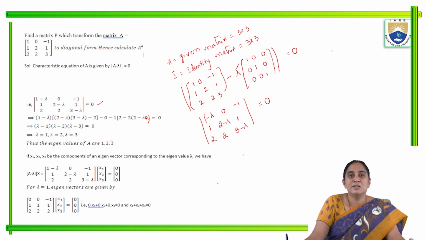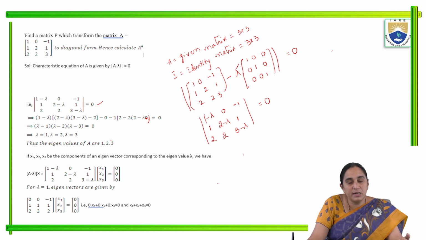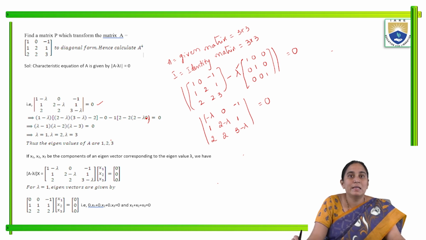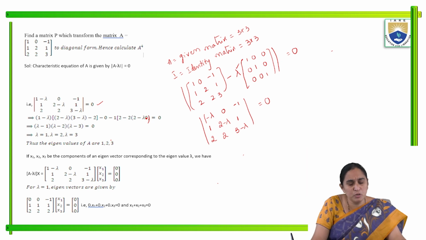So we have to continue with the next concept of the diagonalization of a matrix. After getting that the eigenvalues are distinct, we have to find the corresponding eigenvectors for each and every eigenvalue.